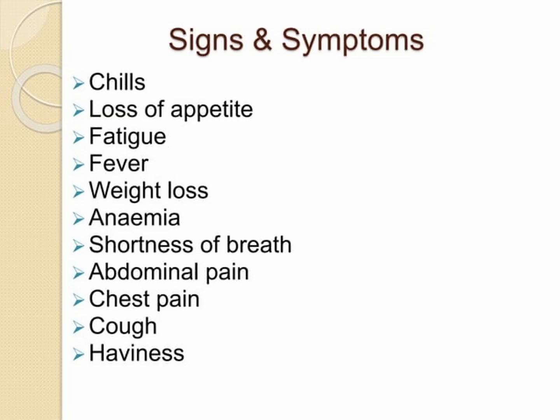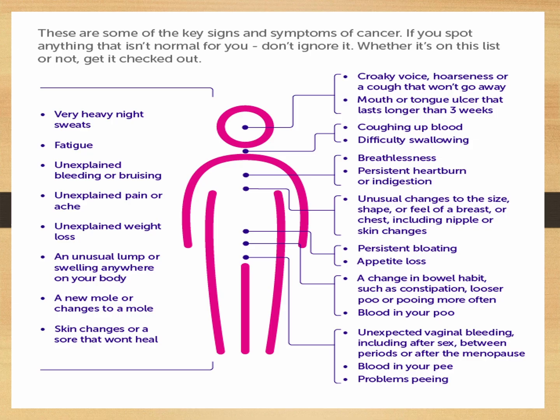Weight loss, anemia and fever may be due to leukemia. Abdominal pain may be due to GIT cancer, or cough may be due to lung cancer. These are some of the key signs and symptoms of cancer.